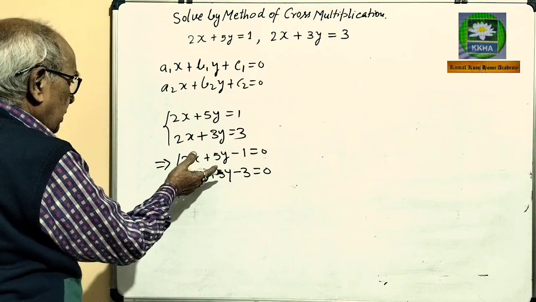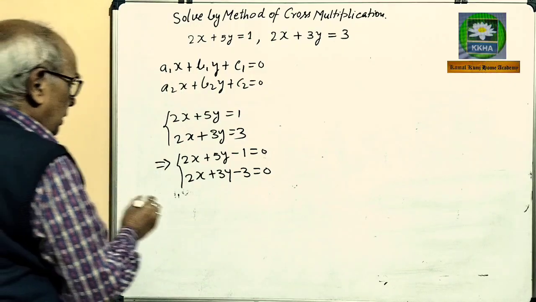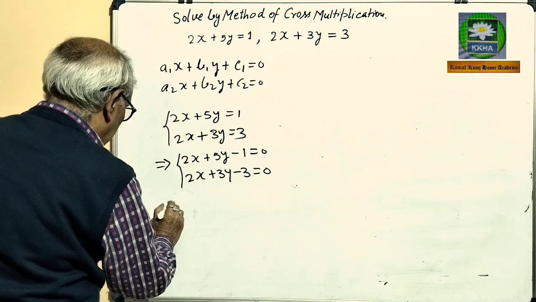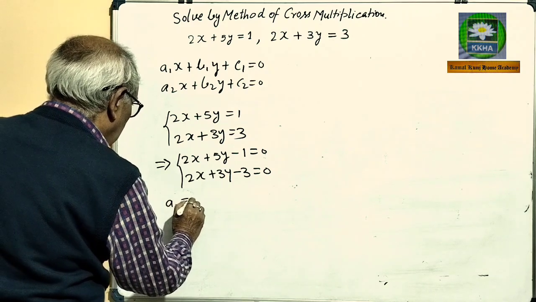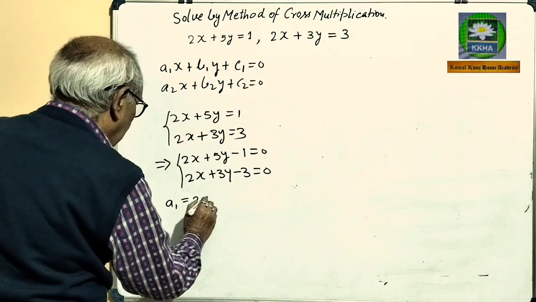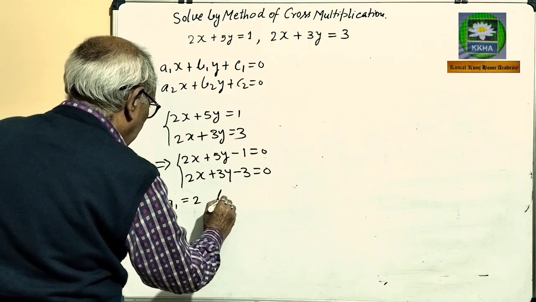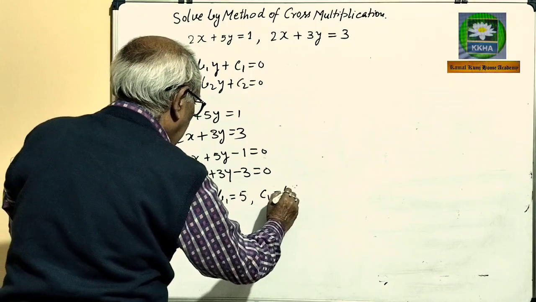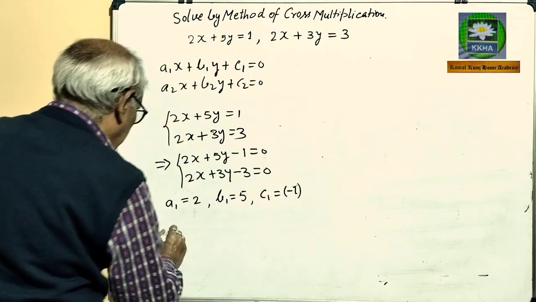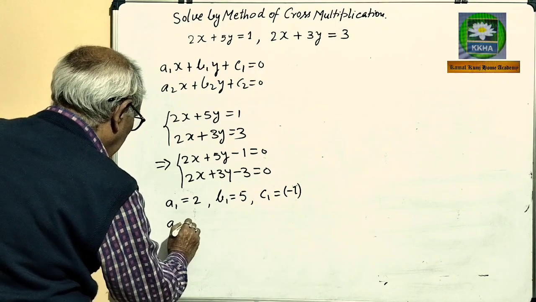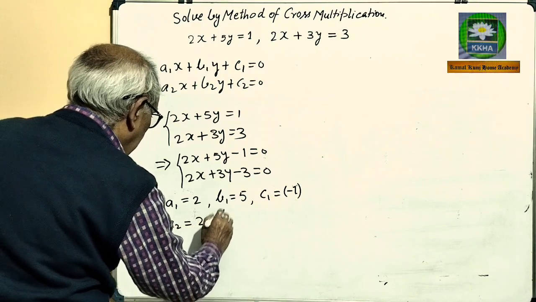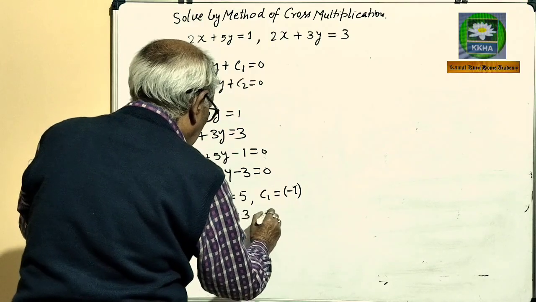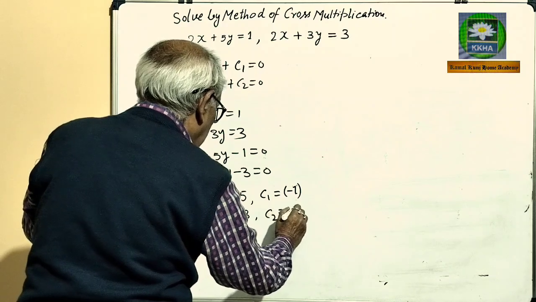Comparing, we get a1 equal to 2, b1 equal to 5, c1 equal to minus 1, a2 equal to 2, b2 equal to 3 and c2 equal to minus 3.